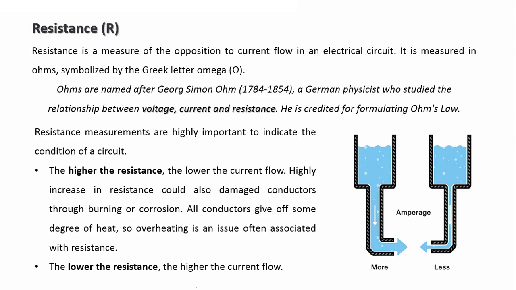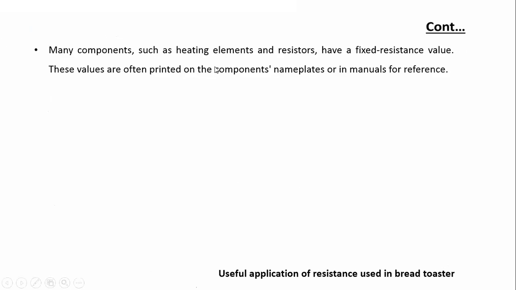And at some points, we also do need to minimize the effect of resistance which is present within the circuit. So it has both advantages and disadvantages. Many components such as heating elements and resistors have a fixed resistance value. These values are often printed on components, nameplates, and in manuals for reference.